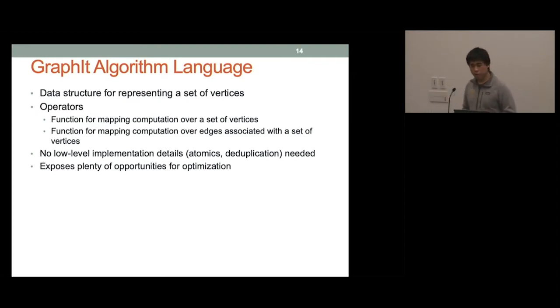So they don't have to specify when atomic operations would be required. They don't have to insert code for removing duplicate vertices in a data structure. All of this is taken care of by the compiler. So the compiler, for example, will use dependence analysis to figure out whether there could be multiple threads trying to access the same memory location, and if that's the case, it will automatically insert atomic instructions. So the algorithm language has plenty of opportunities for optimization, as we'll see on the next slide.